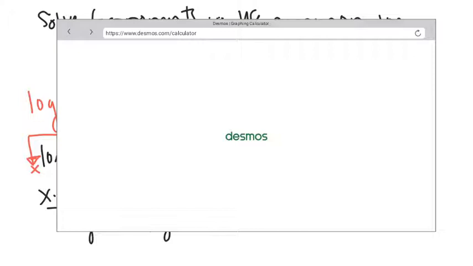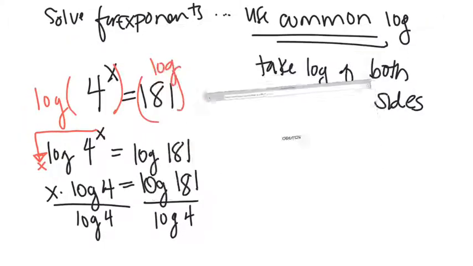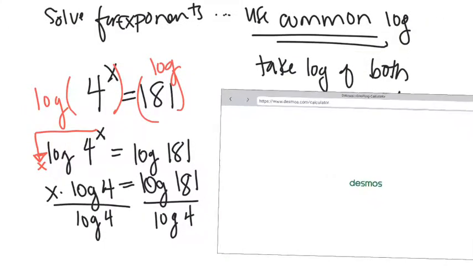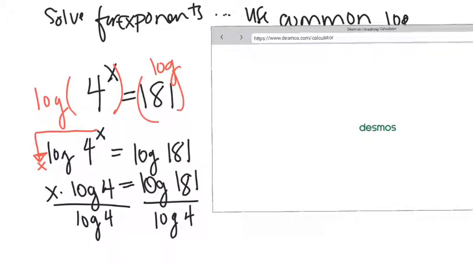And I believe this is what I had. So my answer in this case is 3.749. So x equals 3.749.